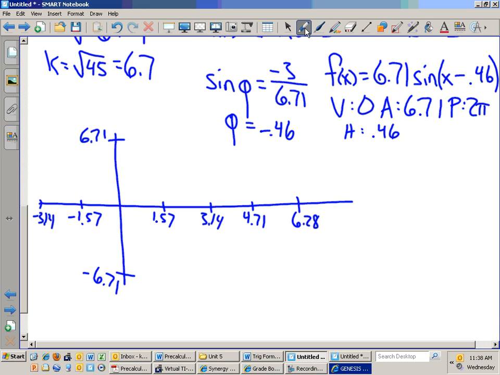How much is 0.46? About a third of the first one. Not half, that would be like 0.75 or so. Right? So we're going to shift it over about a third or a fourth. Okay? So I move that first spot about a fourth over, and this one I move about a fourth over, a fourth over.